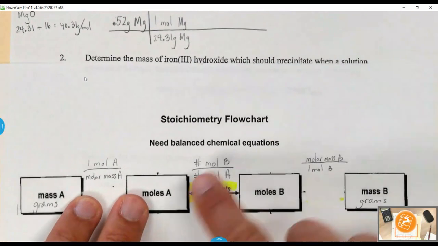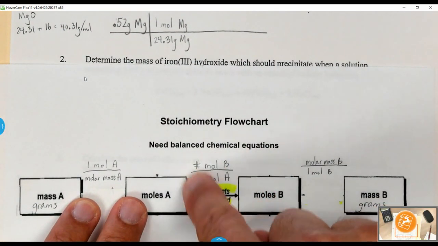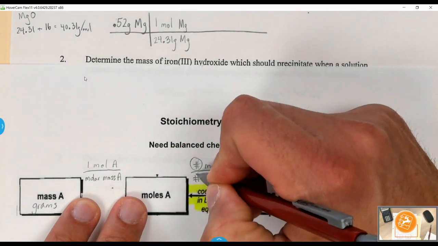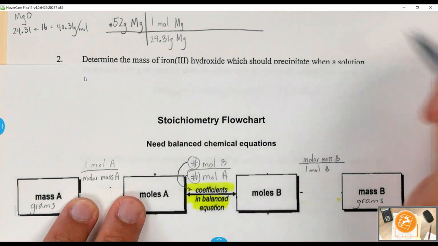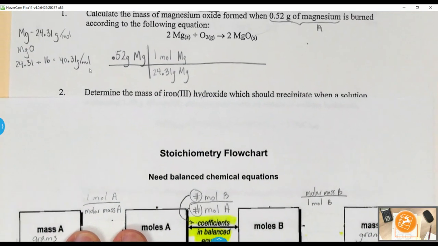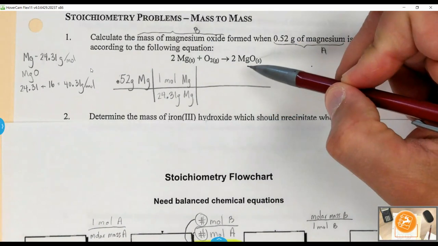The next conversion is moles of B over moles of A. Where do these little numbers come from? They come from the coefficients. What was substance B again? Magnesium oxide, which is the MgO.